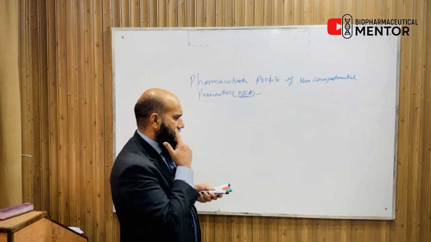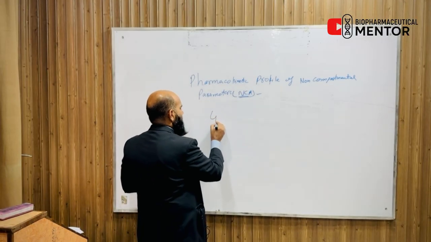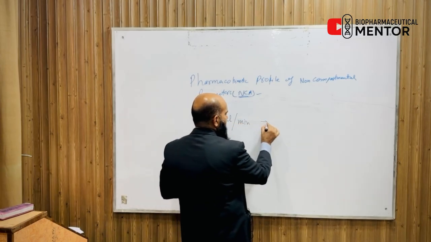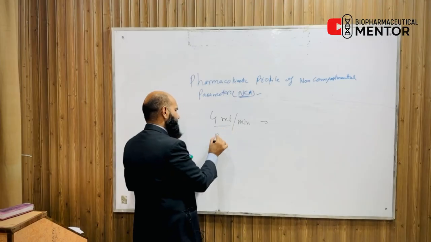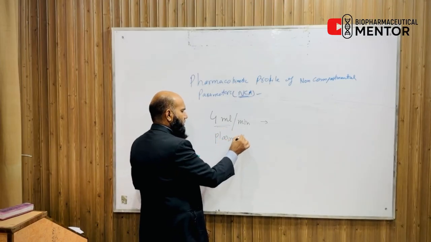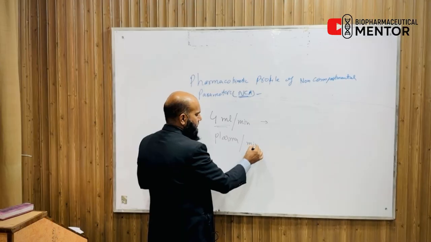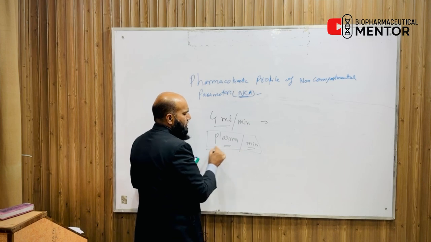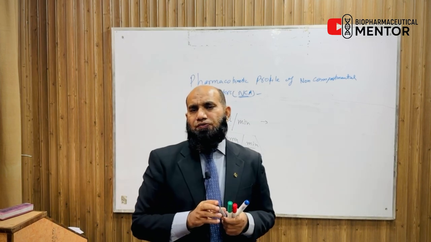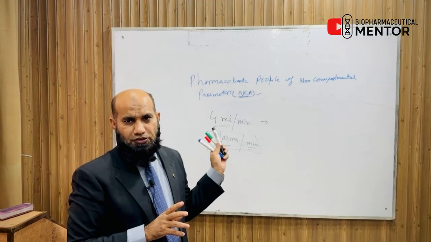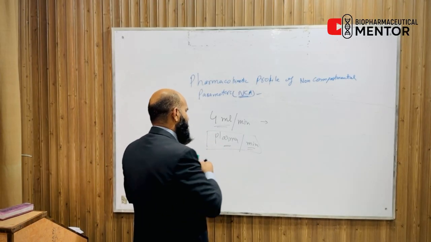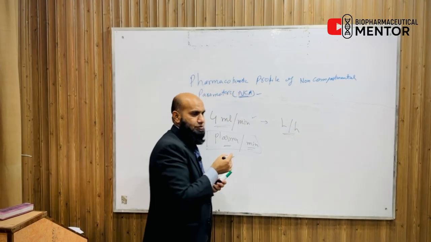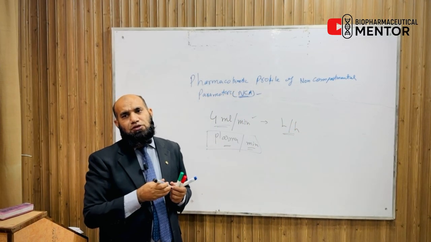For example, if a drug has a clearance of 4 ml per minute, this shows 4 ml of plasma is now getting free from the drug in a minute, irreversibly. So for clearance, we use units of ml per minute or liter per hour. These are both common units.